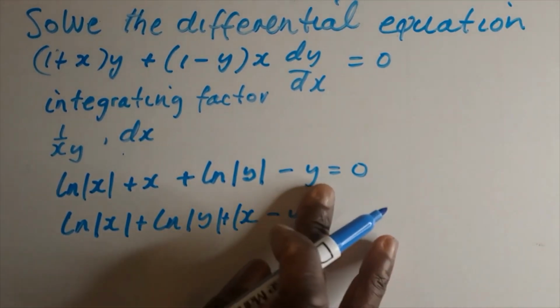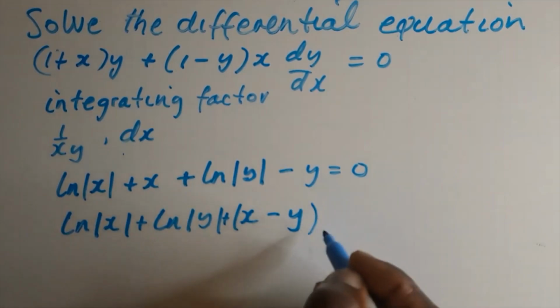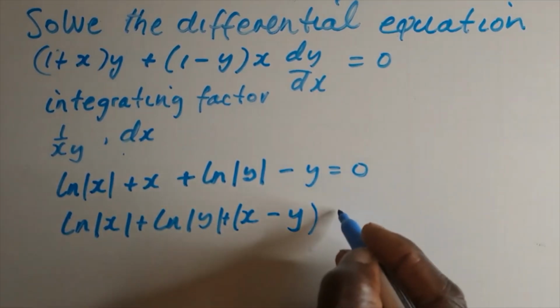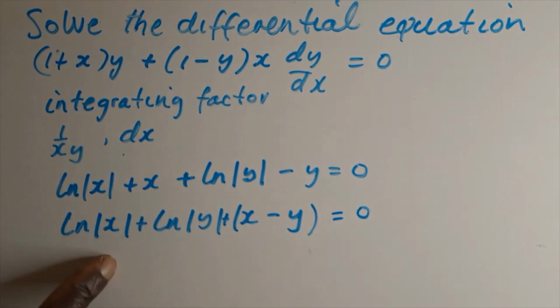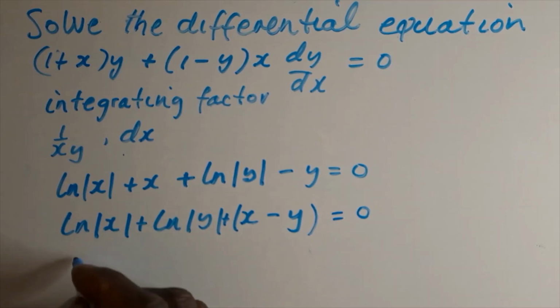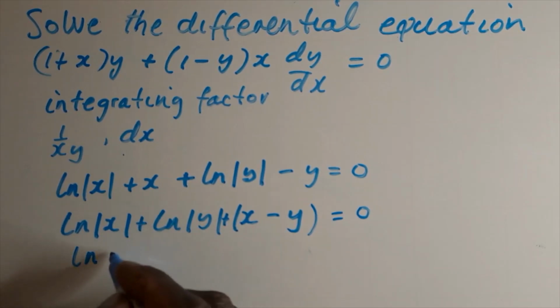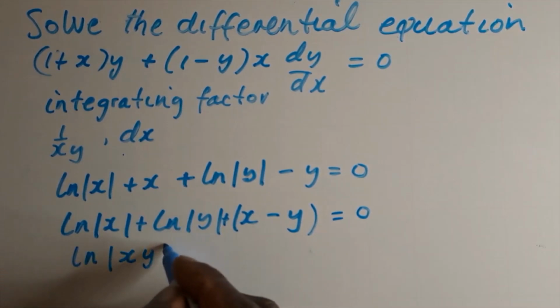We just write this clearly, this is just brackets here, equals 0. Now if we simplify these logs, we have the sum of two logs here. We can write them as a product, as ln of the modulus of xy.